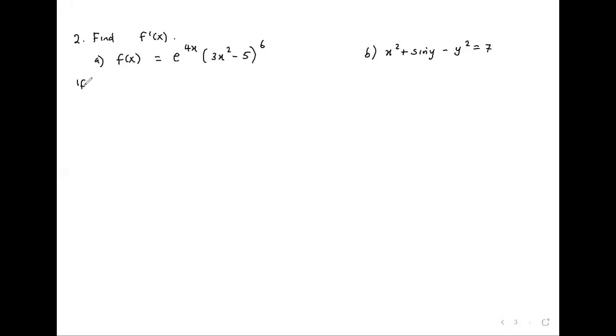If you have a function y is equal to e to the power u, where u is a function of x, to find the derivative y prime, you differentiate u, then multiply by e to the power u.